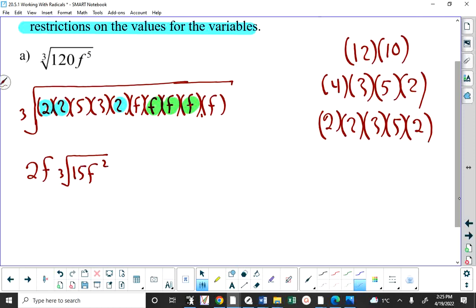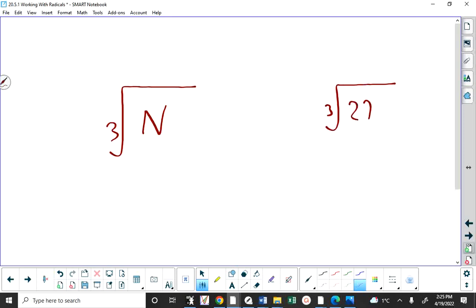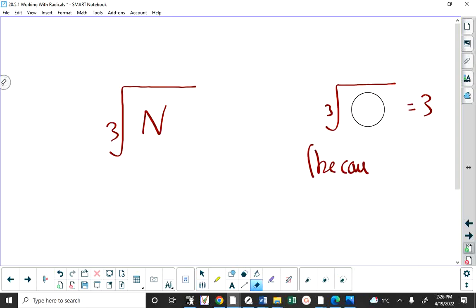Okay. Now what about restrictions? Let's play a little game here on your calculator. Are you allowed to take the cube root of a positive number? Of course. Like for example, the cube root of 27 equals 3. You know what? I'm going to choose a different example.